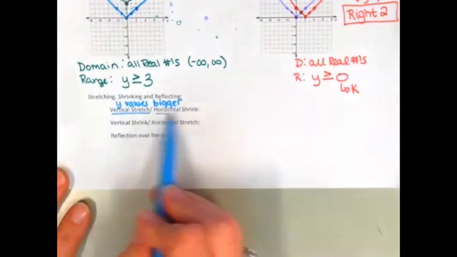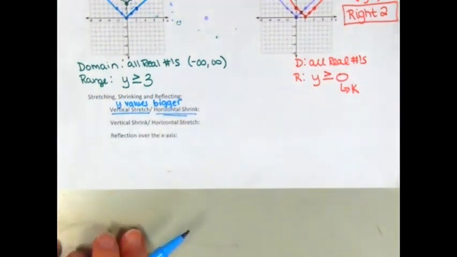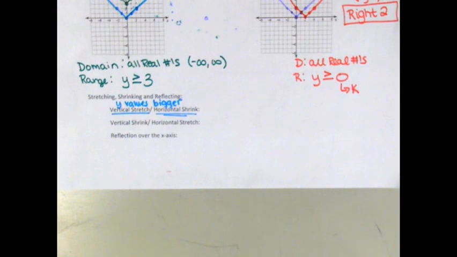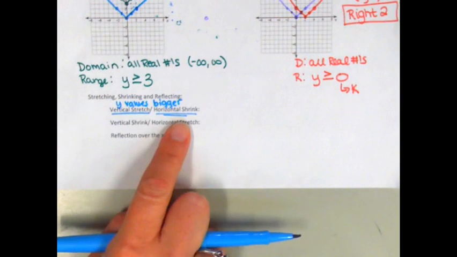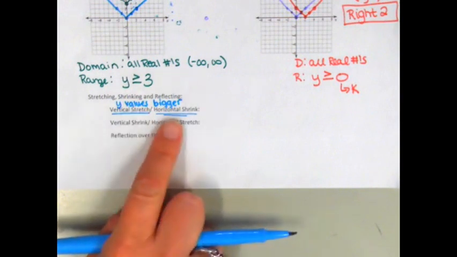And if it's a vertical stretch, it's technically a horizontal shrink. Horizontals are X, right? So our X is going to get more narrow than my original. So I always think about my X's first. I think about my vertical stretches, and then it's always the opposite for horizontal. And we'll see pictures of that here in a second.